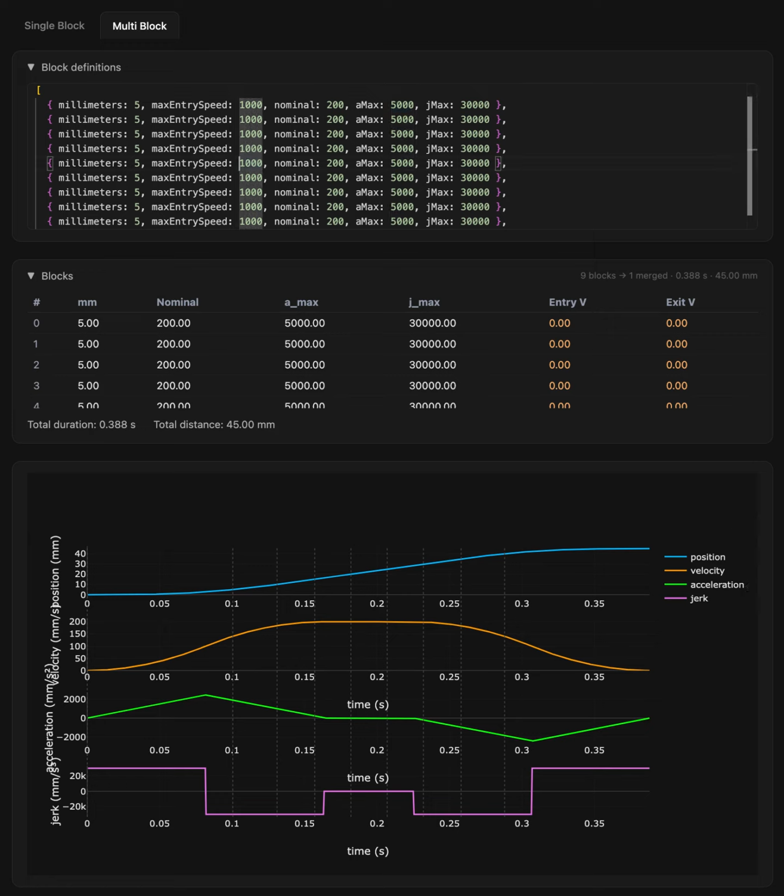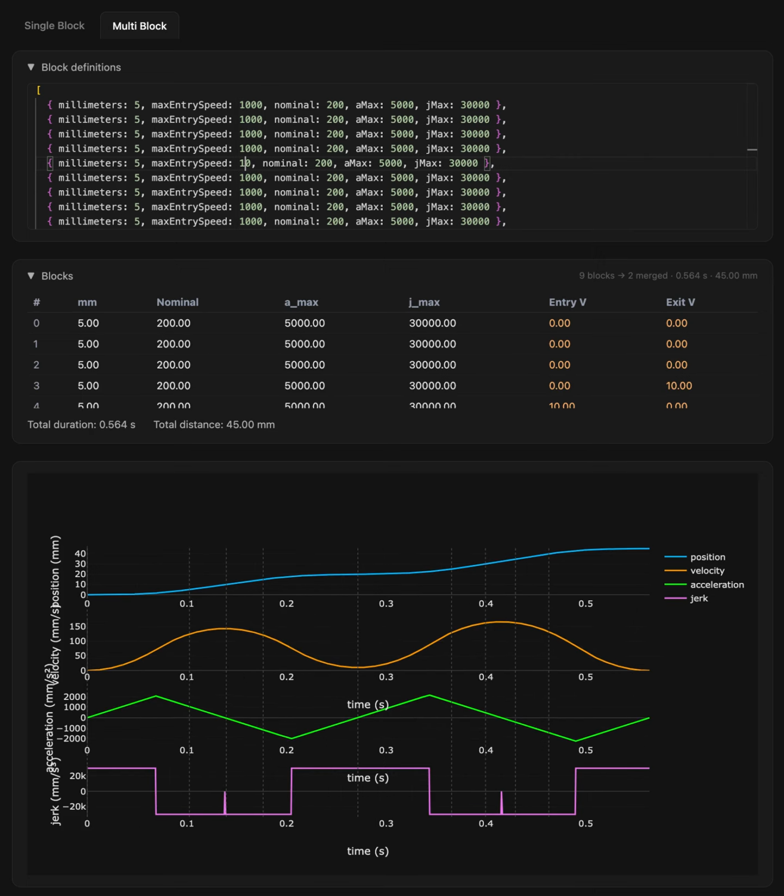So the planner now checks if it's exceeding constraints, and then it splits these super blocks back at those junctions, and then it iterates, and we end up with this, which is a good plan, which is near time optimal, and at least it covers the cases that I think are most likely to occur during printing.